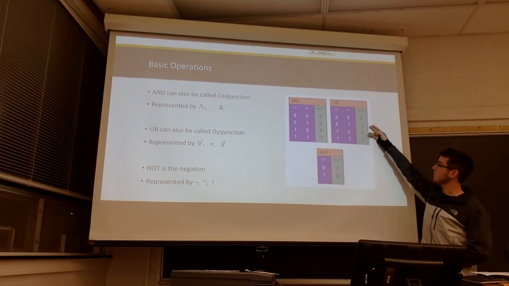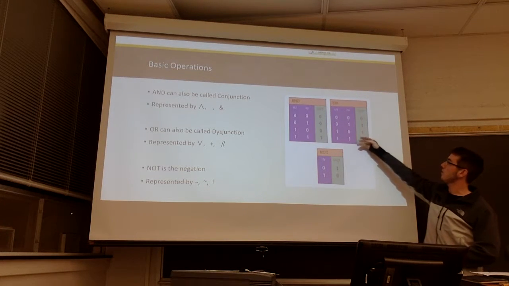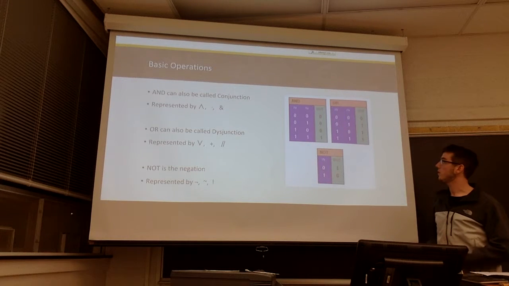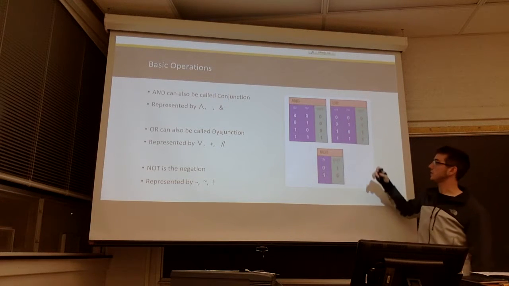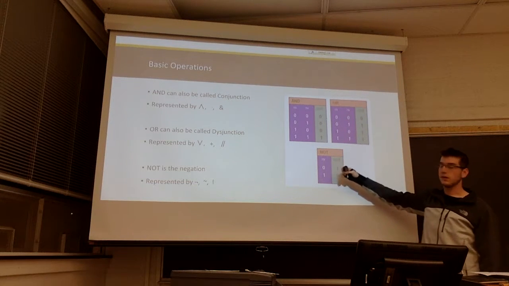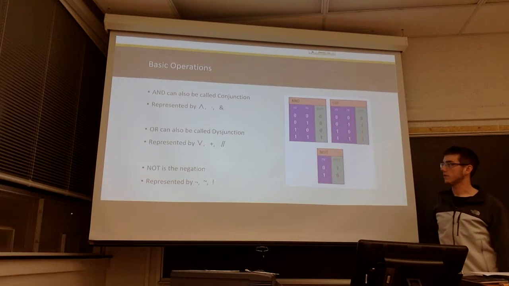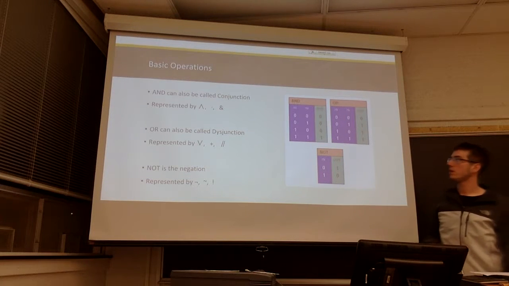OR has the input and output right here, and for the output to be true, you only need one of the inputs to be true, or 1. So you see that here. 0 or 0 is still 0, and then NOT, or the negation, 0 negated is 1, and 1 negated is 0.